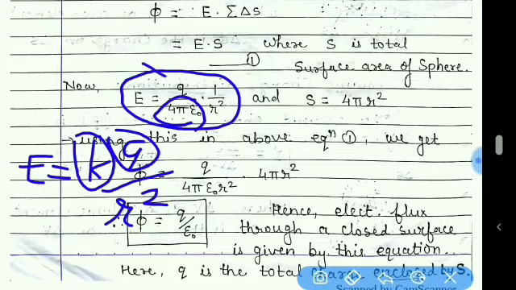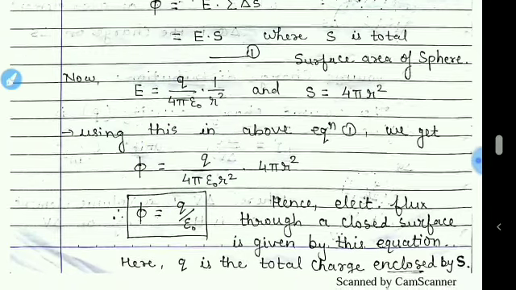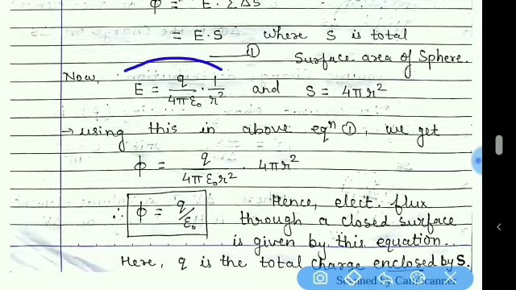Q is here and R square is here. So this is nothing but the formula of electric field due to a single charge. And the area of the surface, we know that the area of a sphere is 4 pi r square.